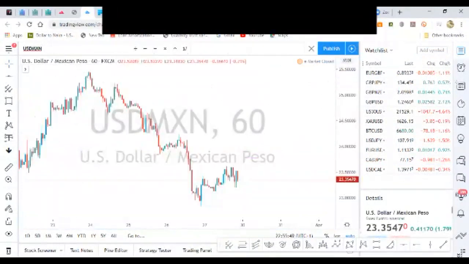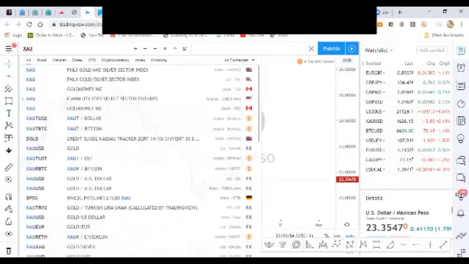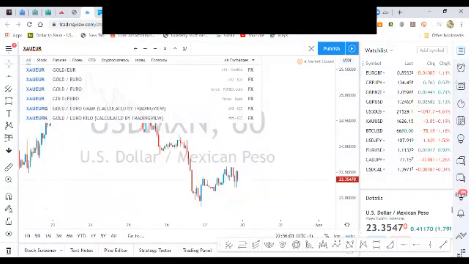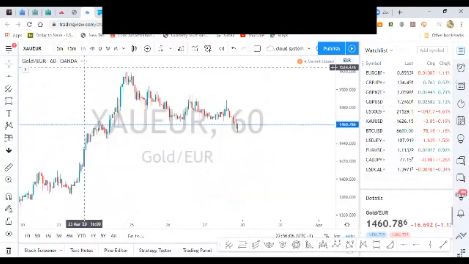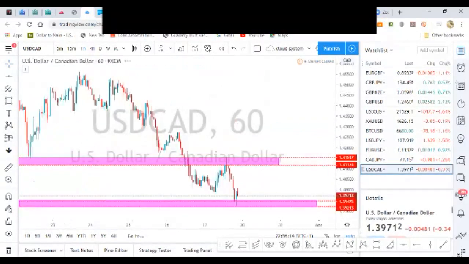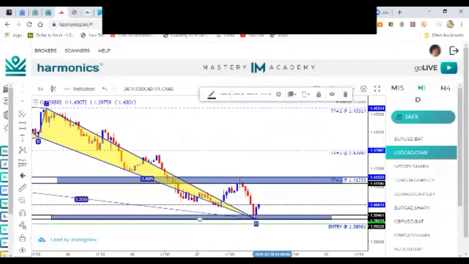I'm moving to another one, let's say XAU Euro. I've switched again. But guess what? By the time I come back to my watch list and I click it, it's back there. Why? Because I've logged in. So I encourage everybody, get a TradingView account. When you see it on the harmonic scanner, come and draw it.